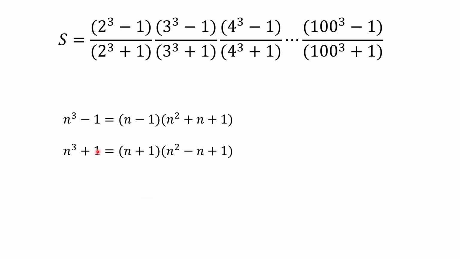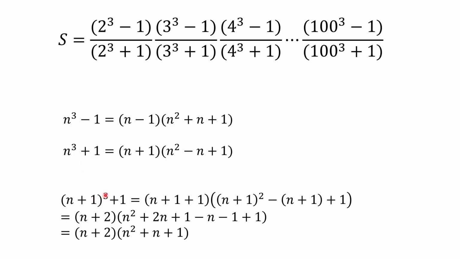Then I decided instead of evaluating n^3 plus 1, let's evaluate (n plus 1)^3 plus 1. So of course it will be the first one plus the second one, so n plus 1 plus 1. And then the first one to the power 2, minus the first one times the second one, which is this one, plus the second one to the power 2. And we can expand (n plus 1)^2, so this would be n^2 plus 2n plus 1.